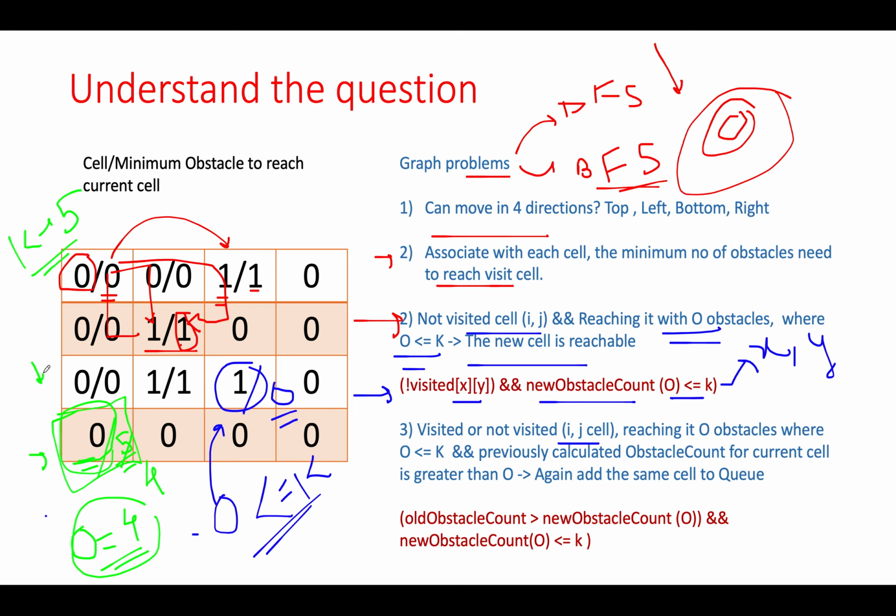If you find that the current node under consideration can be reached with a lesser value than the obstacles you used in the past, and the newer value is within the limits of K, then this becomes a better candidate for finding the answer. Let's mathematically restate this.